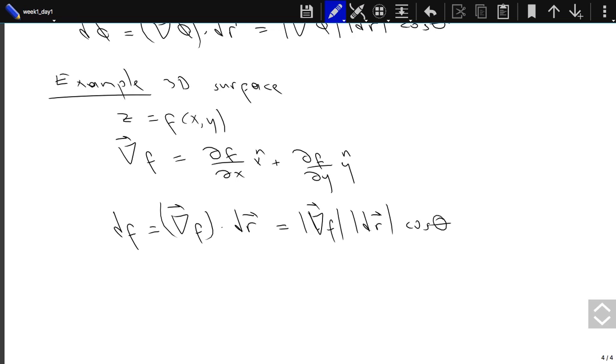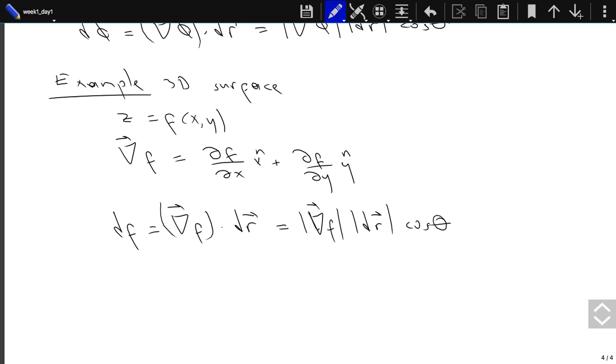In this direction its magnitude is non-zero, the gradient magnitude is not 0, so that means cosine theta should be 0. So I know that if dr is in that direction, then the gradient of f is at 90 degrees, in this direction. Because this was my dr, I know that the gradient of f is perpendicular to that one.